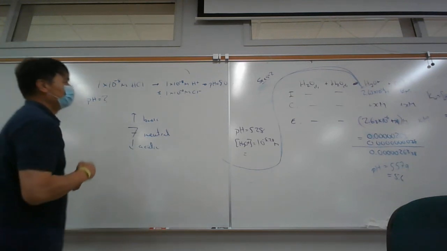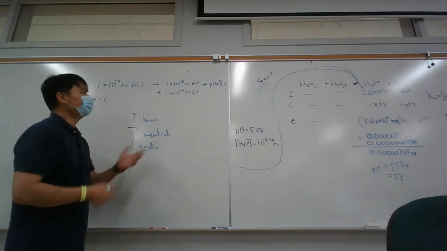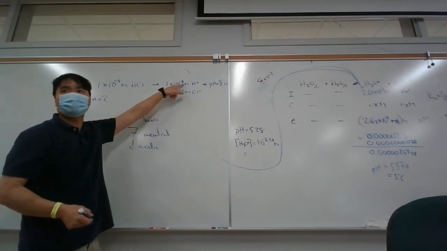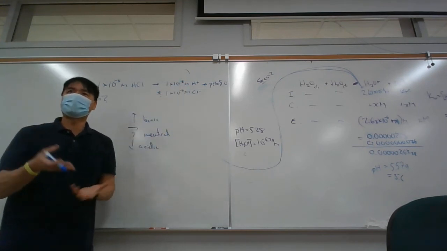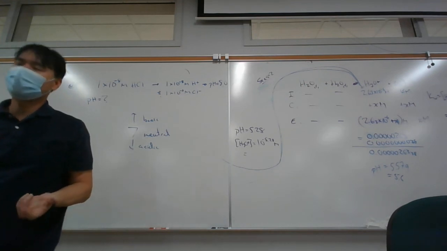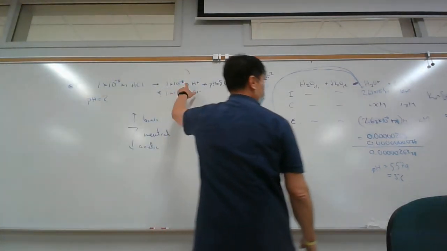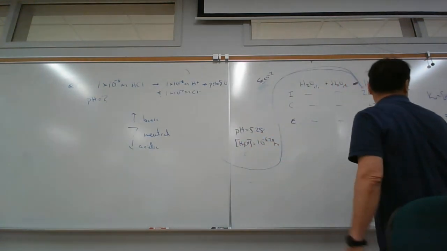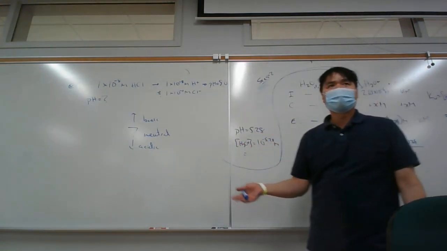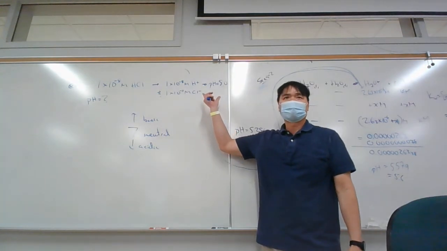This is wrong because in this case, this is 10 to the minus 8 molar. It's a very small amount of hydronium. That means Kw should be a more significant contributor. If we start off with 10 to the minus 8 and Kw contributes, let's say 10 to the minus 9, is that significant?